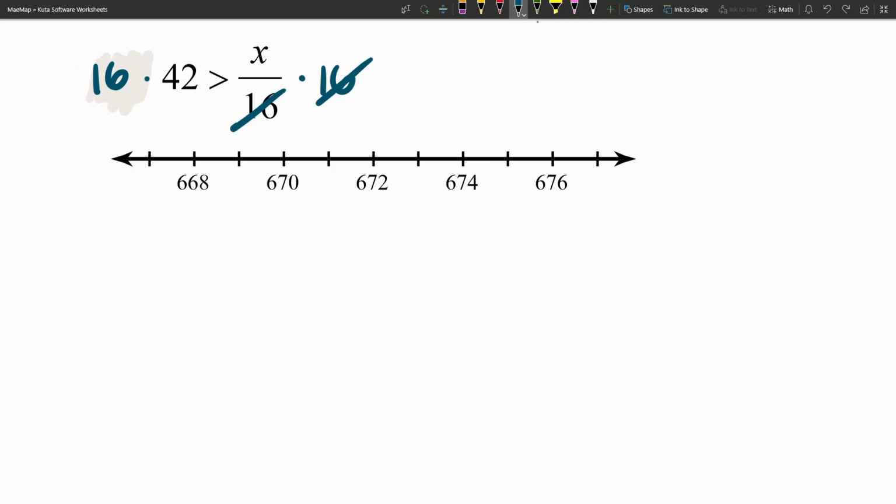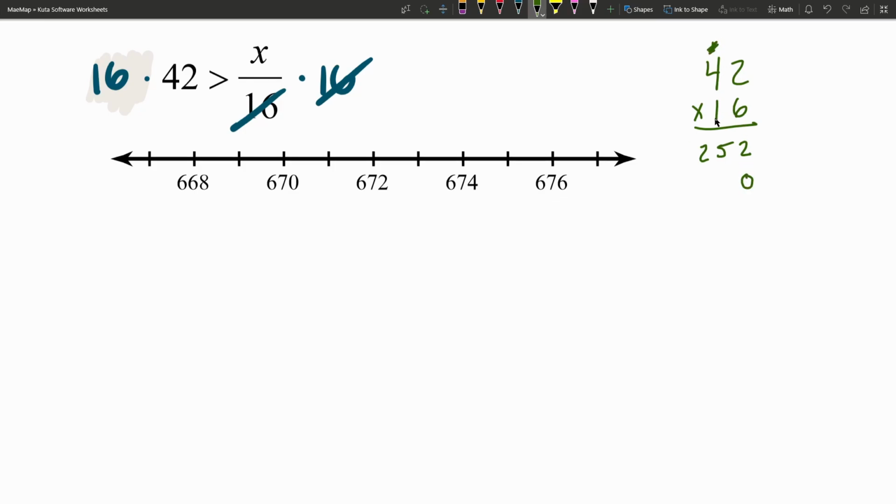So we have 42 times 16. Starting over here, 2 times 6 is 12. We'll write the 2, carry the 1. 4 times 6 is 24, plus 1 is going to be 25. So that's 252. Now, we've already taken care of the 6, so we're going to write a placeholder 0.